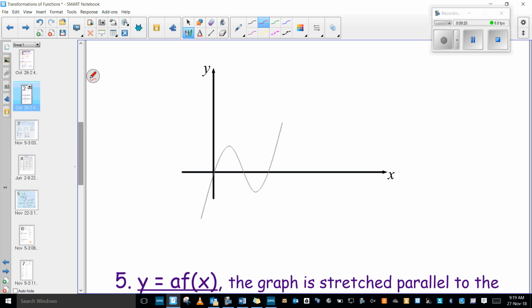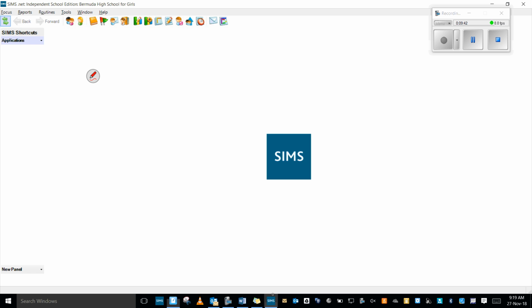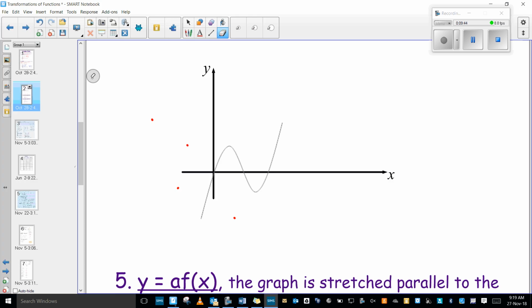So I know that if I'm reflecting in the y-axis, this point here is going to come over here. I'm going to try not to have two dots. This point here would come over here. This one would be over here. Oh, that's not very good. This one would be maybe there.